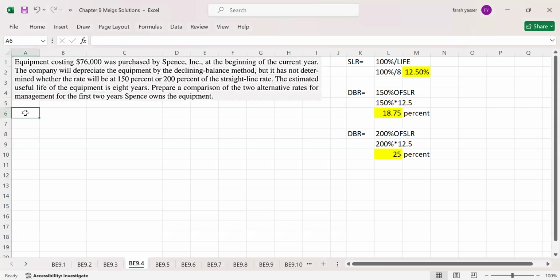Now we are going to prepare the chart or the table. First of all, the 150% declining balance method. We have years, then depreciation expense, then accumulated depreciation, and then book value.